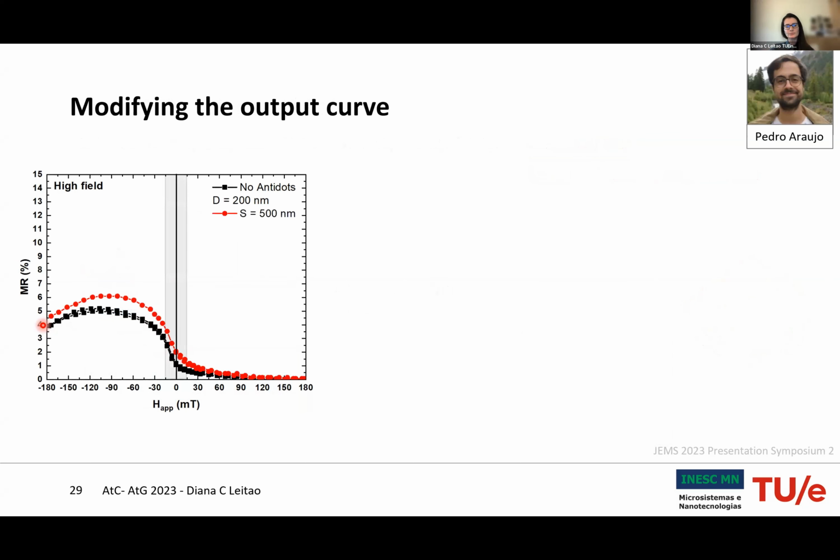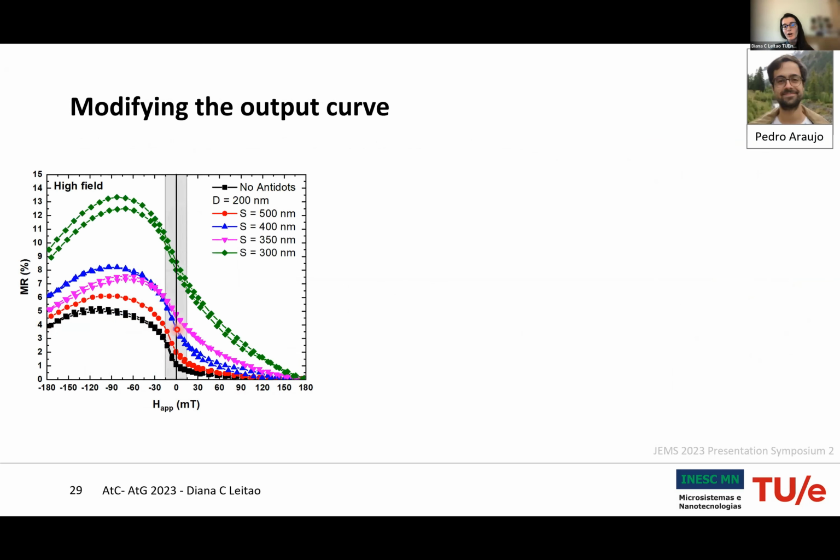Once we start to embed these local artificial defects, we see that the linear part is changing, and in this particular case, and surprisingly, the magnetoresistive signal is also changing to our favor.